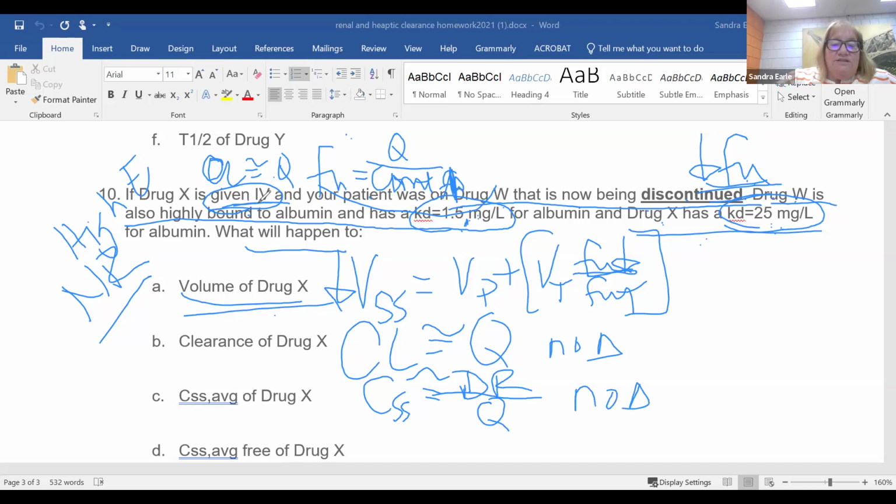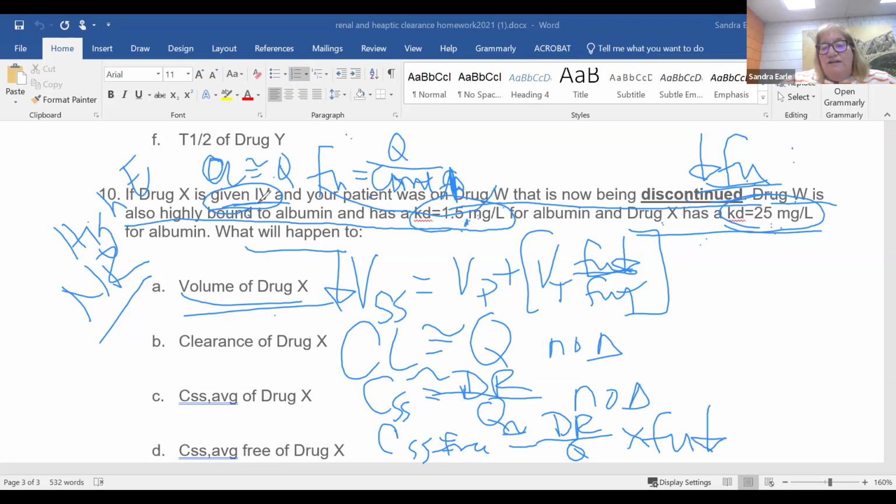Okay, and then how about Css free? We can look at total to reflect what's happening with free as long as there's no binding change, but there's been a binding change in this case, right? So we're going to have dose rate over clearance, which in this case is determined by hepatic blood flow, times fraction unbound. And what's happened? We've had a decrease in our fraction unbound.